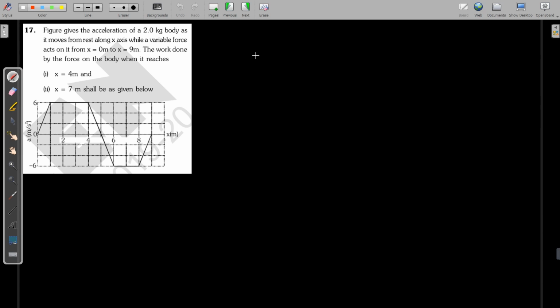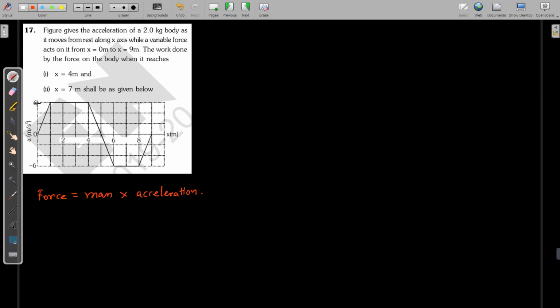Yes, I can find out. Just see, force is what? Mass into acceleration, right? Force is mass into acceleration.